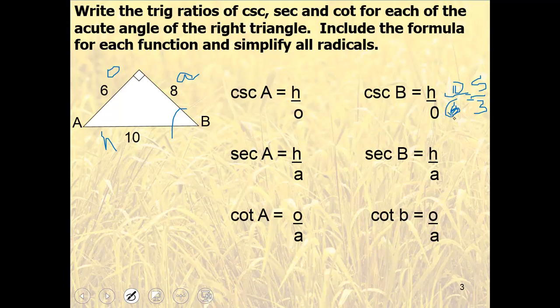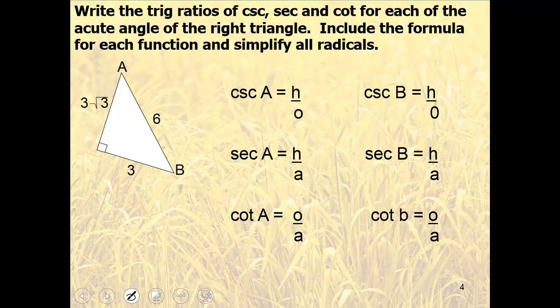The secant of beta is the hypotenuse over the adjacent, and that's going to be 10 over 8, which is 5 over 4. And then the cotangent of beta is opposite 6 over adjacent 8, which simplifies to 3/4. And you're done. Just like that.